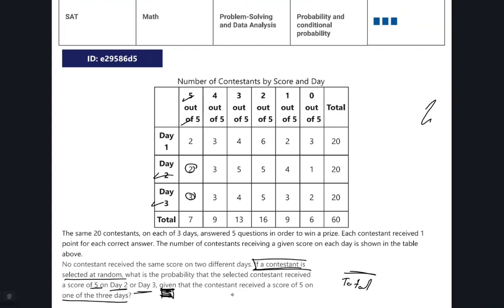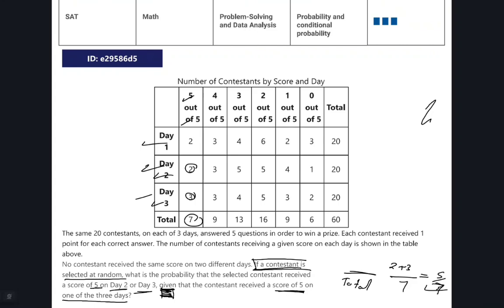So day 1, day 2, day 3. The total is, as it's mentioned, 7. So the total is 7, and we have day 2 and day 3, 2 plus 3, which is 5 over 7. So this is the final answer.